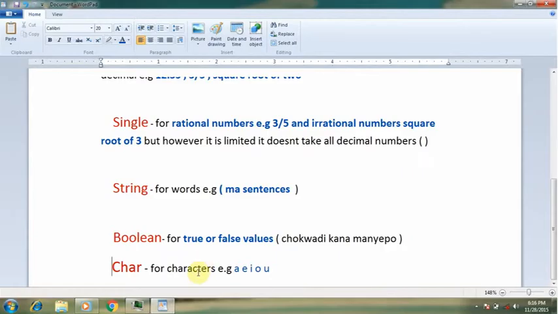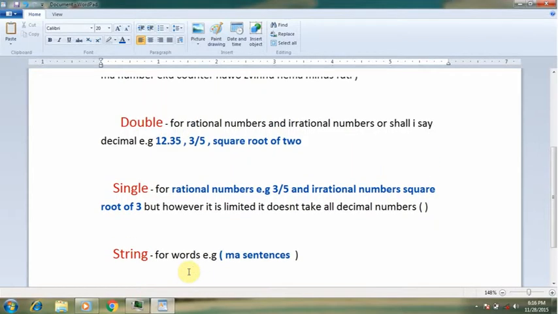So we have characters for vowels a e o u. Then boolean is true and false, whether something is correct or not. And string is for sentences, when we want to work with sentences.